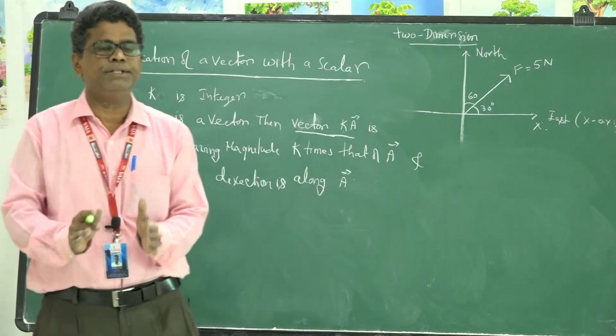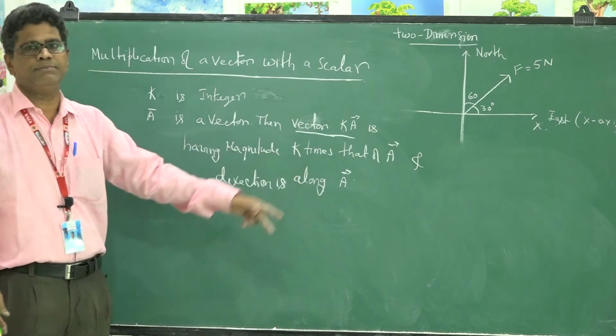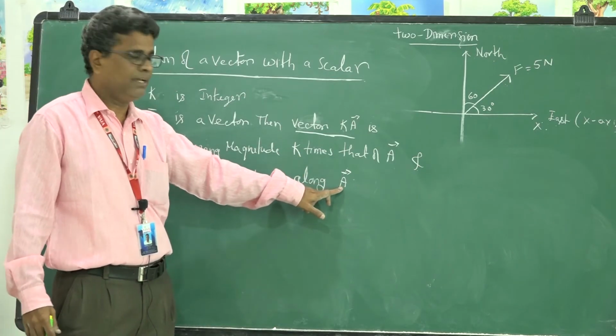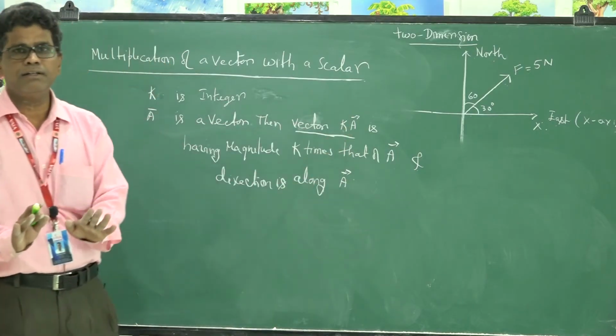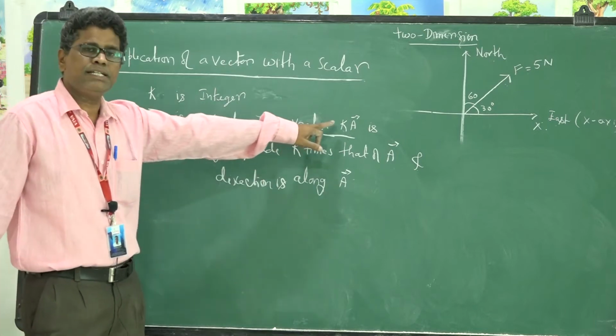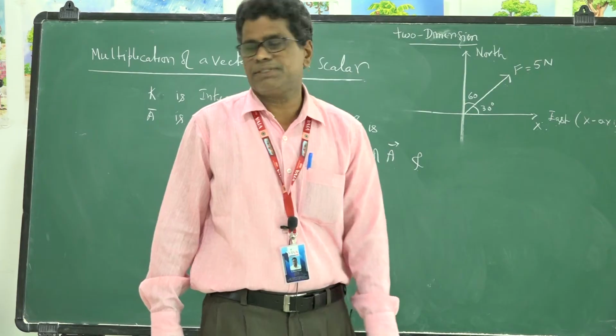Suppose a has magnitude x units, then its magnitude increases by k times, kx, and its direction should be along a bar. Direction won't be changed by multiplying with a scalar, only magnitude increases by k times.